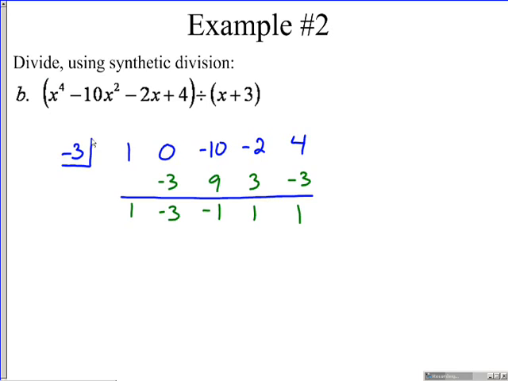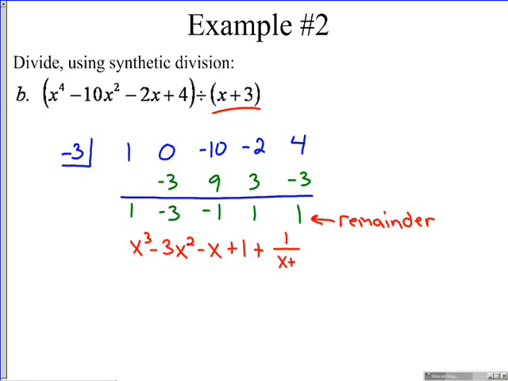Remember, this last value always is your remainder, which tells us, since we have a remainder, that x plus 3 is not a factor of this polynomial. The polynomial that we are left with is 1 degree less than what we started with. We started with a degree 4. So this is going to be x cubed minus 3x squared minus x plus 1 plus our remainder over our divisor.